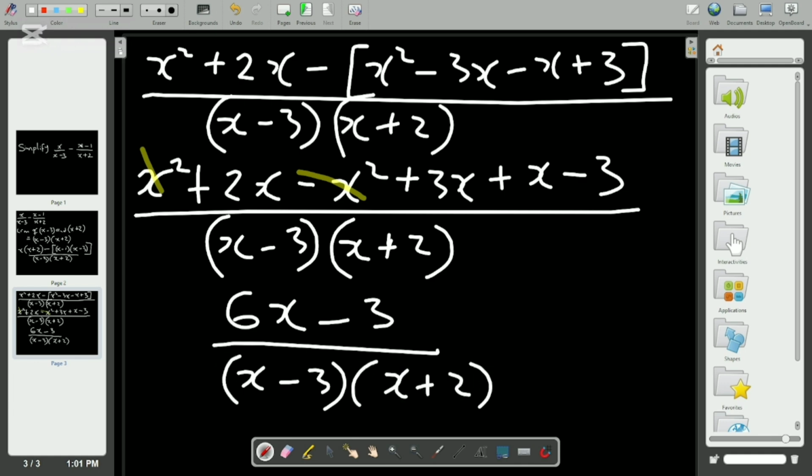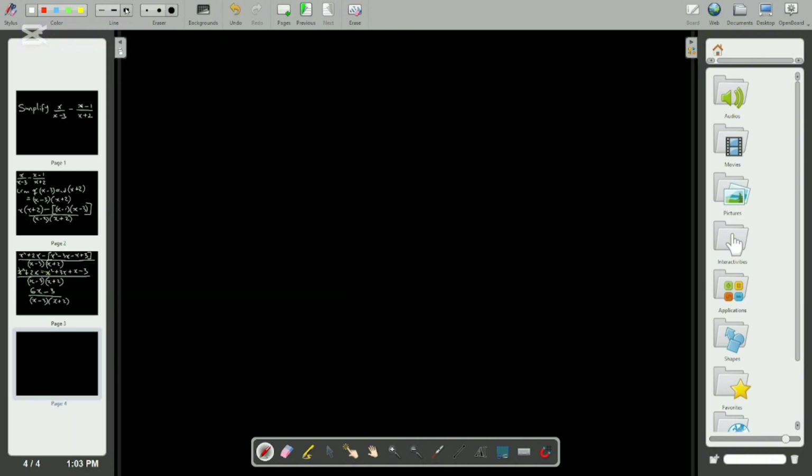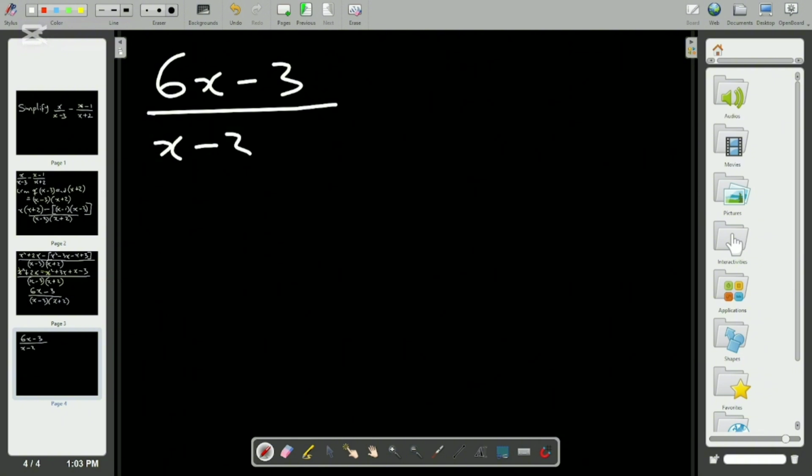So let's just go to the next page and write the 6x minus 3 all over x minus 3 open brackets x plus 2.